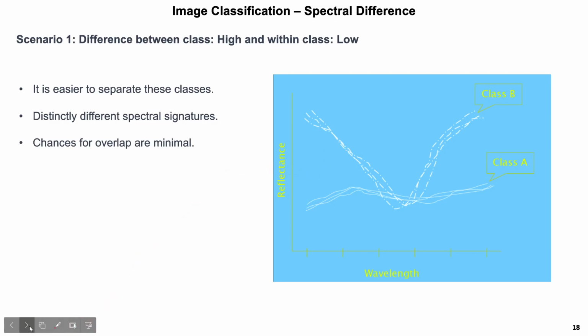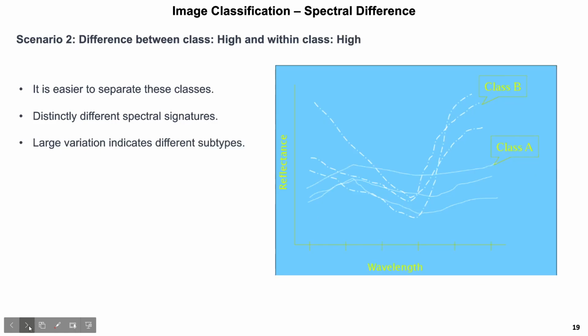And when you plot the spectral difference, you will also encounter such kind of plots. Here, within one class, the intra-class variability is very high, and between the classes, the variability is high again.